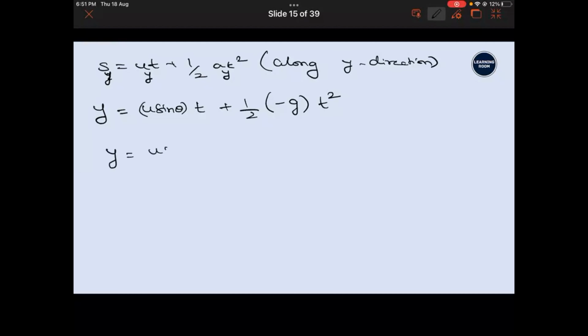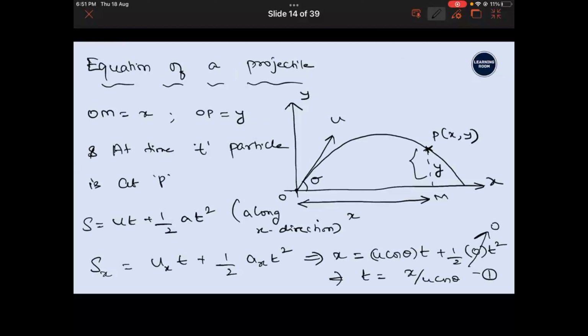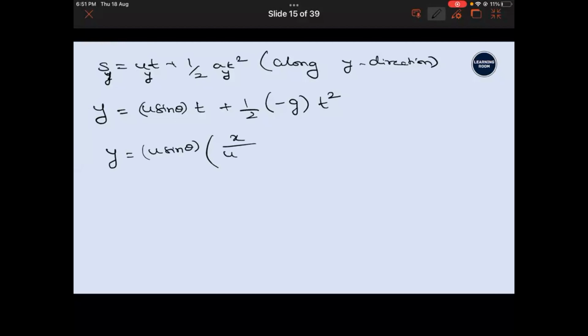So y will be equal to u sin theta into, what is the value of time? This time we derived. That is time of flight, it is x divided by u cos theta, because all this is happening at the same instant t.